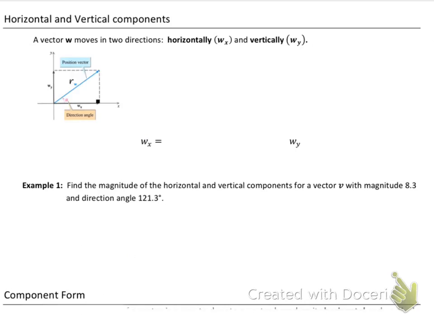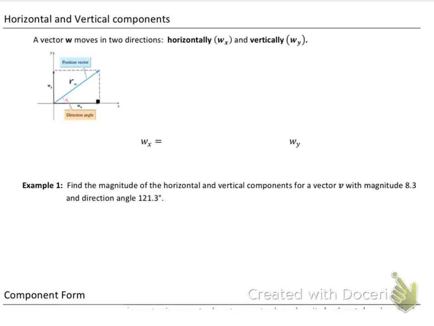Okay, the next thing I want to talk about is horizontal and vertical components. Like I said, every vector has direction. And just like anything on the xy plane, it has a horizontal movement and it has vertical movement. Now, with vectors, it's always a good idea to know how far it's moving horizontally and how far it's moving vertically, because those forces can be integral in solving different problems, especially in physics.